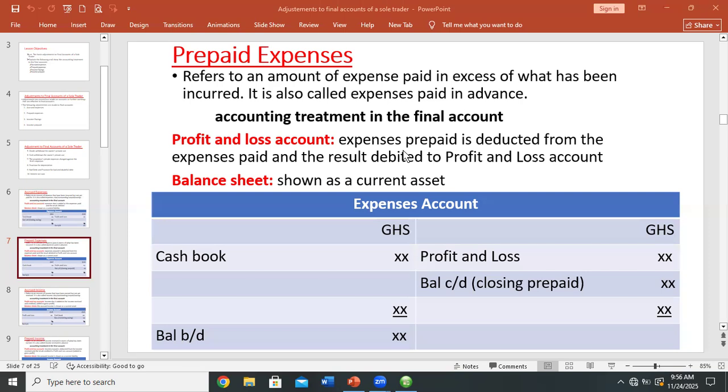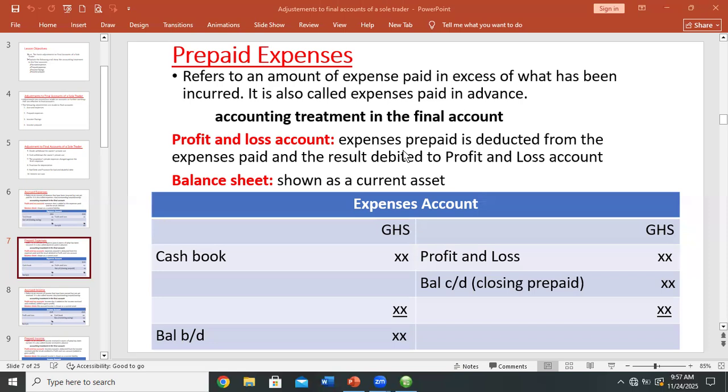Again, if your school fees for the term is 500 Ghana cedis and your father goes to pay 700 cedis, if he is preparing his account for the term, he cannot quote school fees of 700 cedis because the school fees for the term is 500.